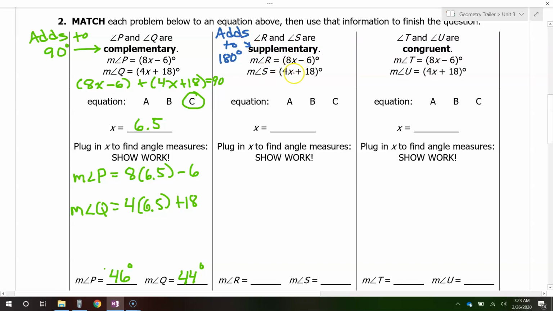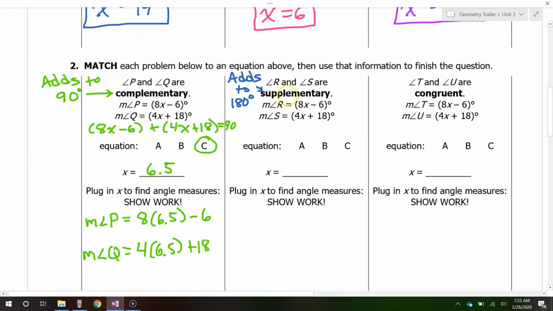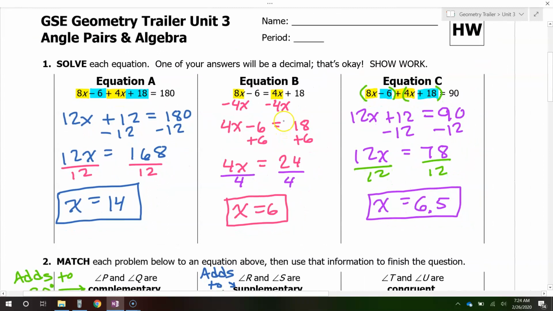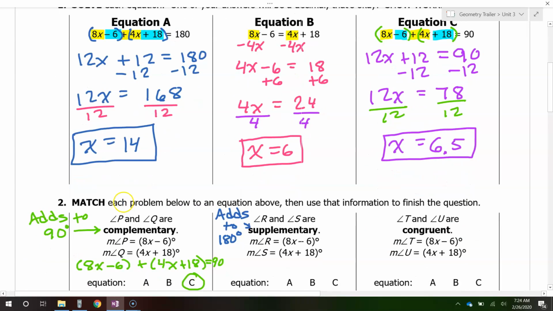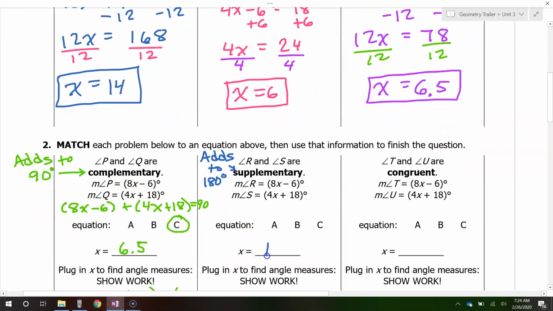So this plus this have to equal 180. So looking back at the equations, that's what we have right here. We have this plus this equals 180. That's supplementary. So we know that x turns out to be 14, and that was equation A.